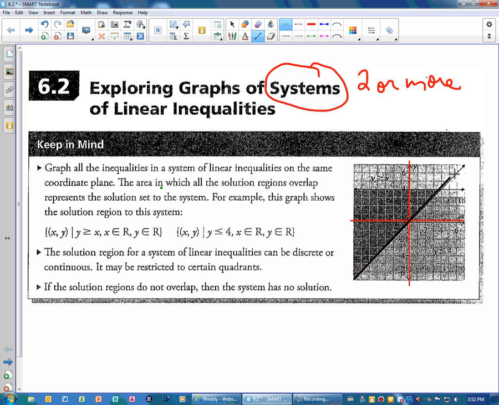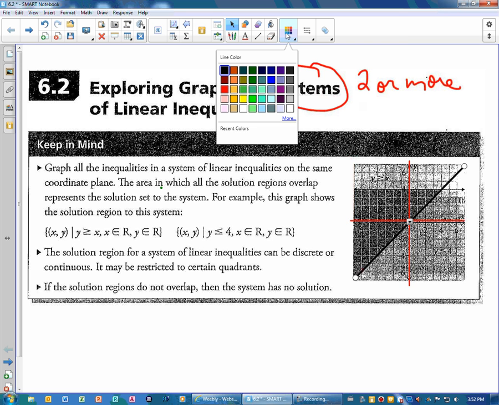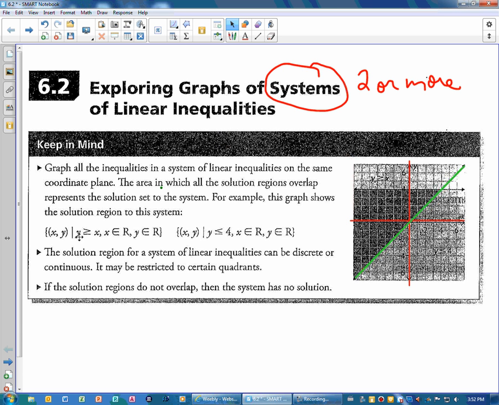This one, y equals x. Black's not helpful, so I'm going to make it green. That's the line of y is greater than or equal to x. If I were to shade that, y greater than x is on this side. That's why I have a solid line, and it's in the set of real numbers, so I can shade.